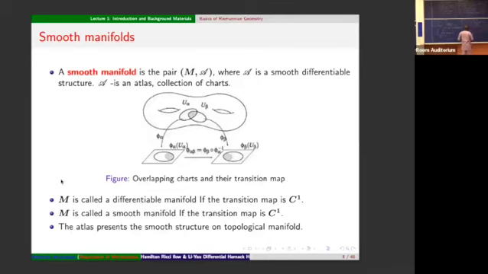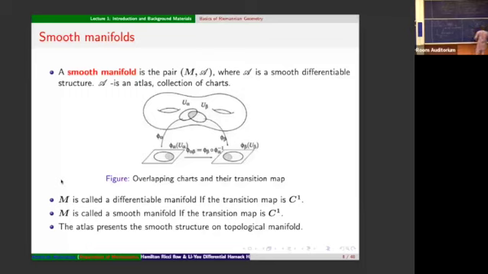So you have a homeomorphism to this place, phi x of U of x. Let me put this one to face this side.